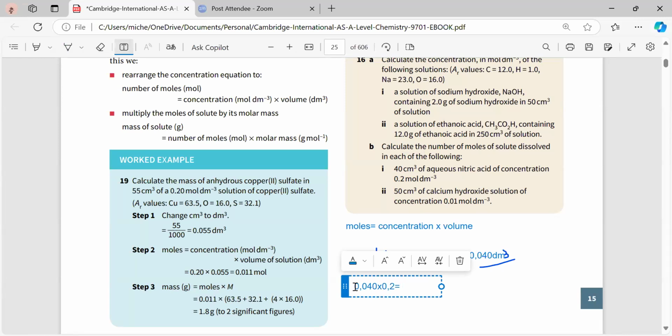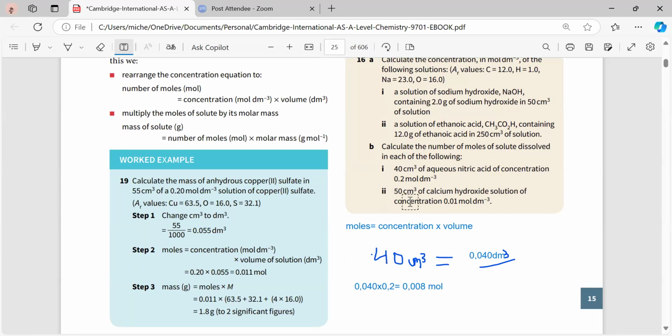So that would be 0.008. The unit would be mole, since we're trying to find moles. So there we have it: 0.008 mol.